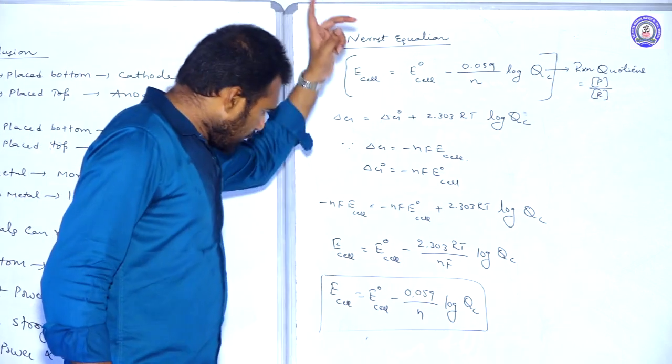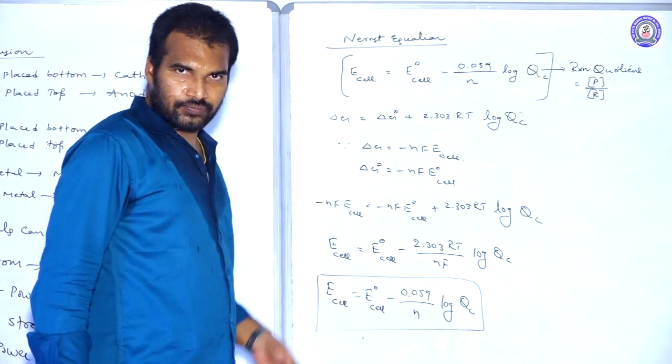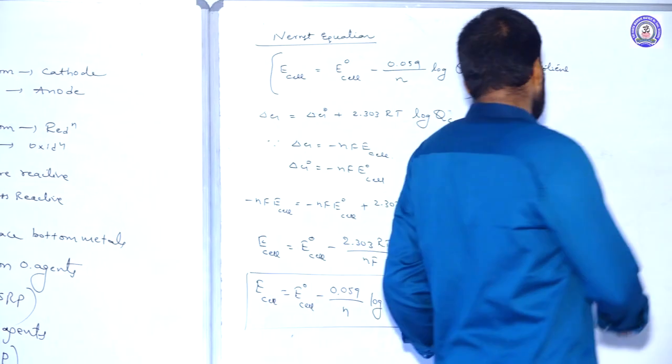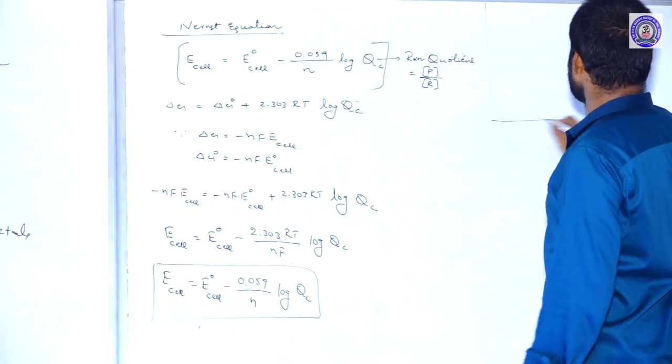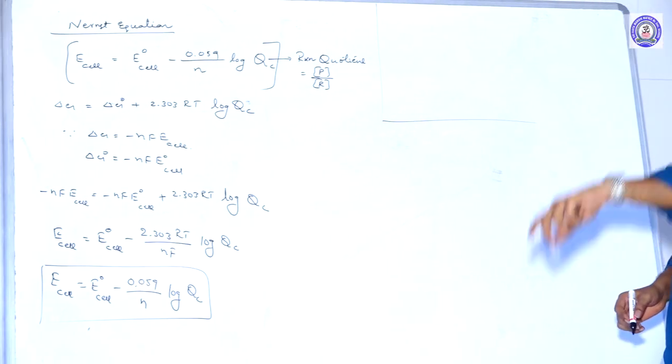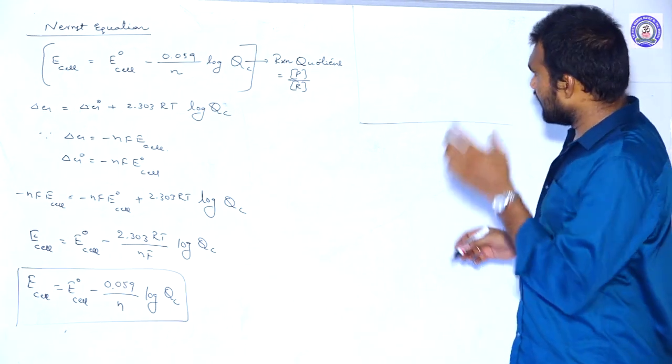In order to calculate using the Nernst equation, just follow these three steps. If you follow them, you can easily calculate the E cell, the EMF of any cell.